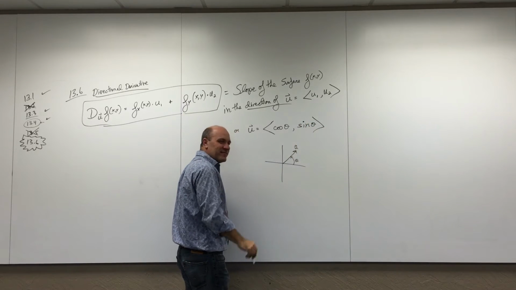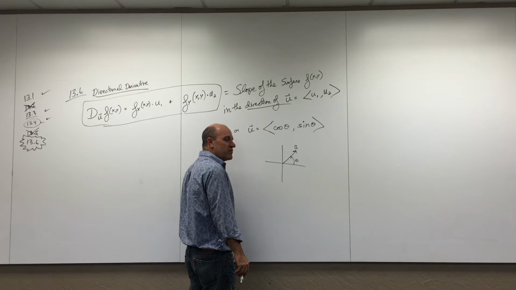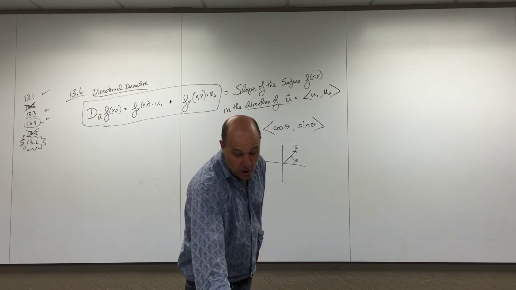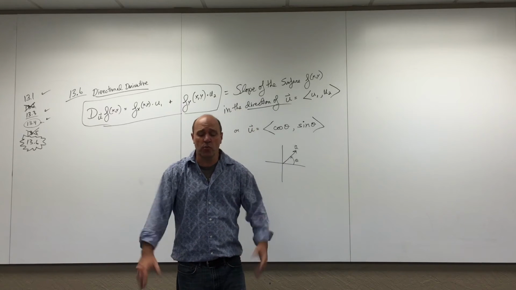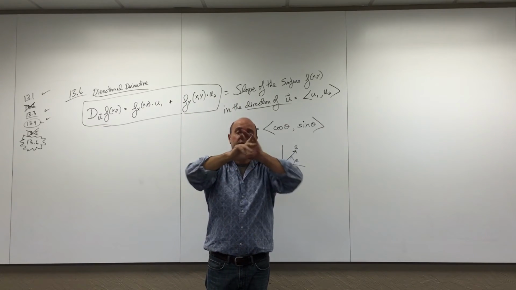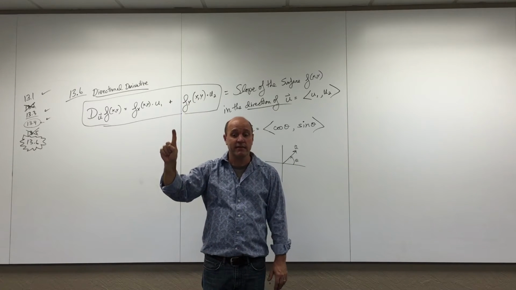Well, if where you're looking depends on where you're standing, maybe you could make up a function. Here's the thing. What kind of slope do you want to calculate? This is a 3D surface. First of all, you have to decide what point you want to calculate the slope at.